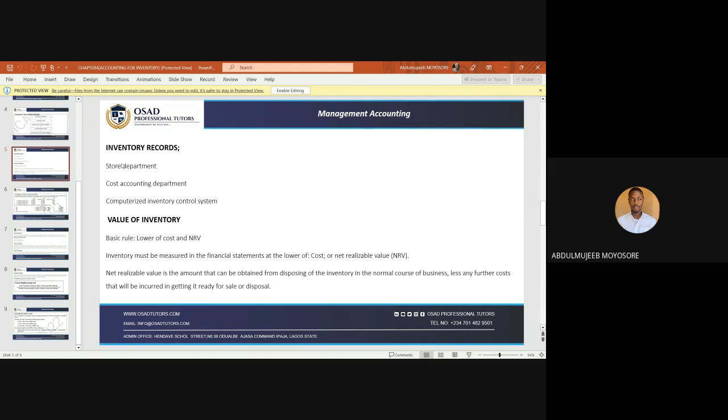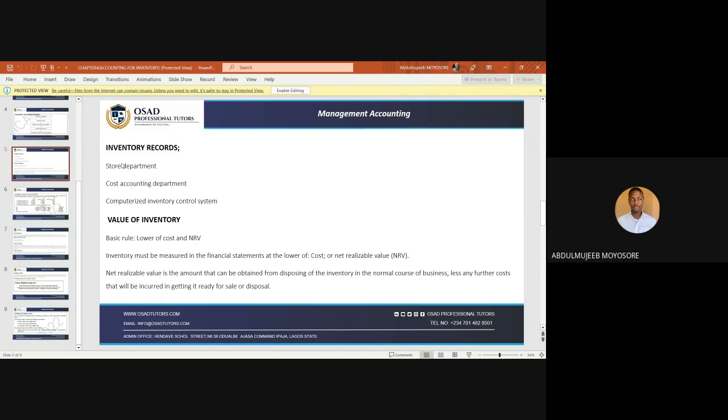Now we're talking about the basic rule of how inventory is evaluated and calculated. We said lower of cost or net realizable value. This particular hair cream cost me 100 naira to actually produce. That's my cost.